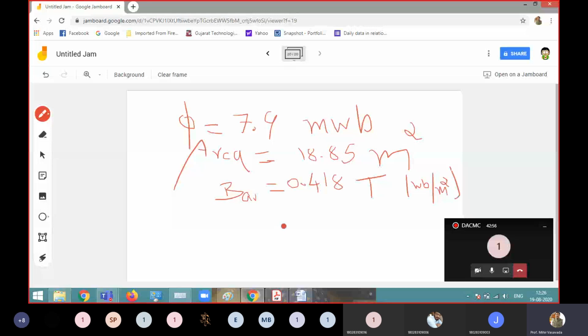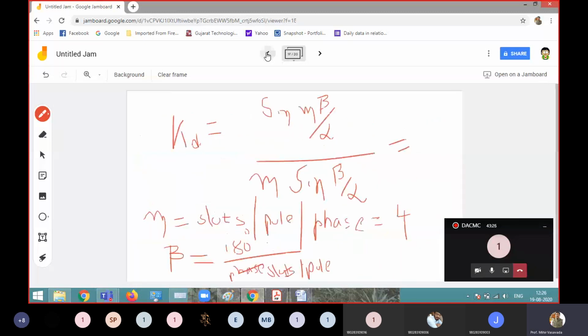So the B average is 0.418. Then you find out BG60. If you remember in this DC machine also, we have established the relation between B average and BG with psi. So similar relation here is that BG60 is 1.35 or 36. Let me go through that.